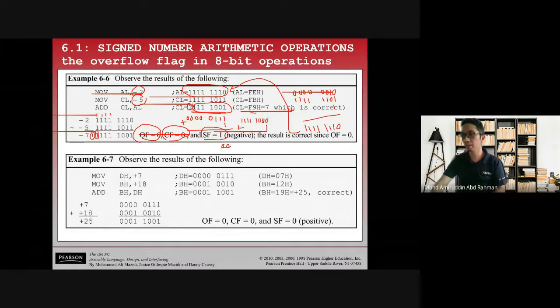To invert back, you need to invert back all of those. So it becomes 0, 0, 0, 0, and then 0, 1, 1, and 0.